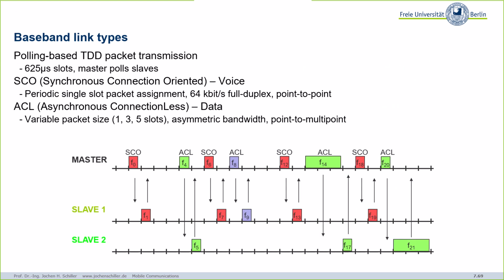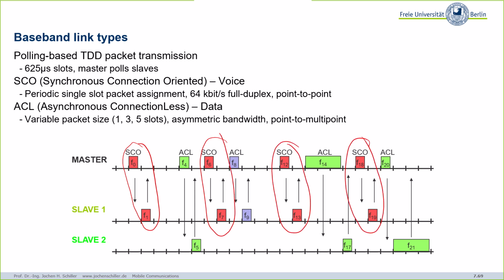Okay, so I continued a bit with the classical scheme, how the transmission is done. Here you see this ping pong. The master controls and can set up, for example, this connection-oriented transmission of voice. That's, for example, used for headsets to achieve the 64 kilobit per second. That's what the master does. And then the master also controls this sending data and asking the slaves if they have something to send.